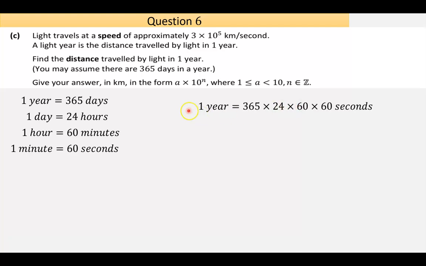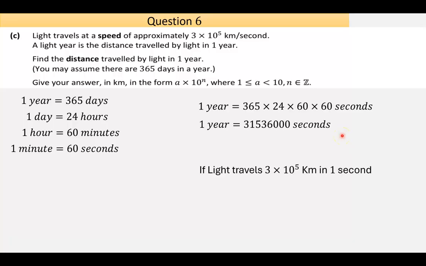So to find out how many seconds in 1 year, I'm multiplying the 365 by 24 by 60 minutes by 60 seconds. Now that's a big number. I think that's 31,536,000 seconds.